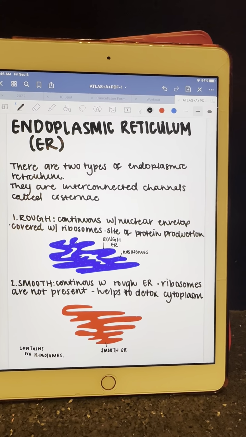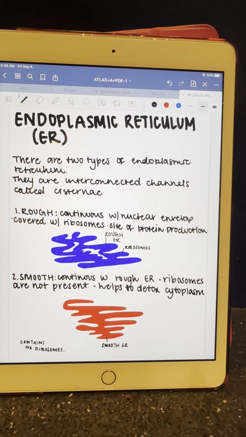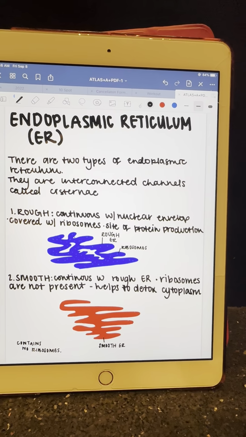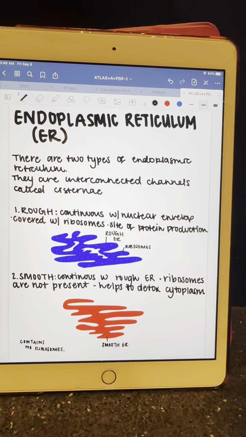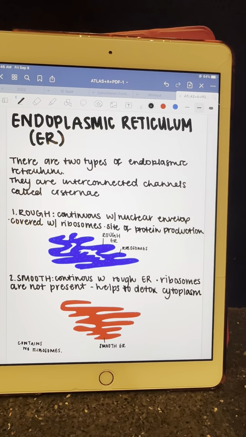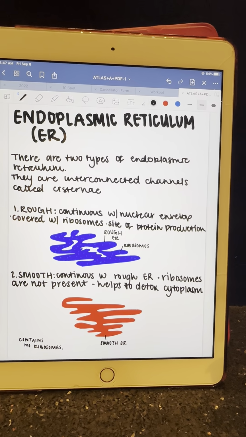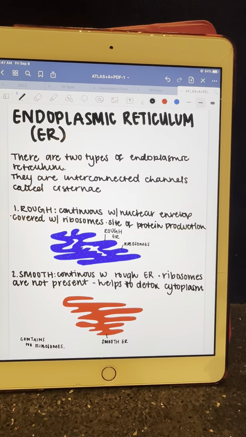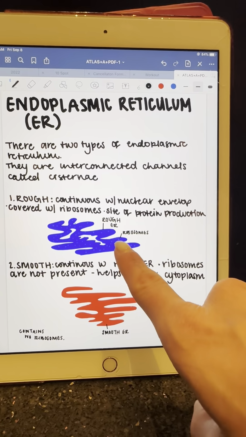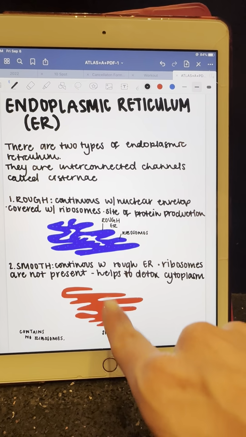It's the site of protein production. The smooth endoplasmic reticulum does not have ribosomes present, and it helps to detox the cytoplasm, and it's continuous with the rough ER. So this is connected to the nuclear envelope, and then this follows.